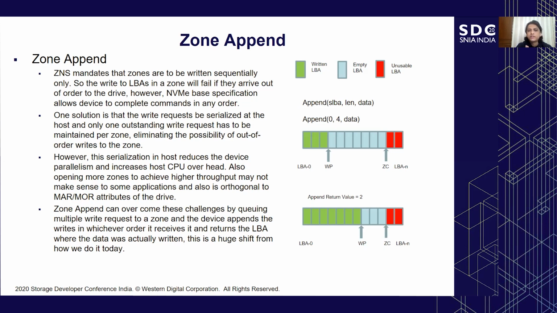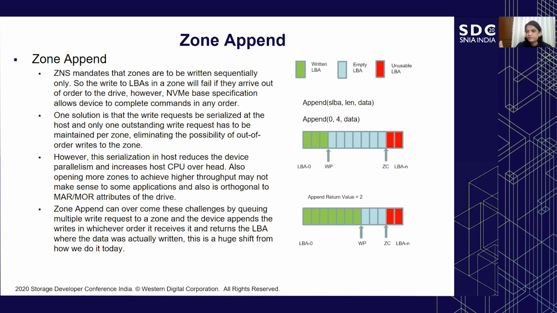So one solution is that write requests be serialized at the host, and only one outstanding write request be maintained per zone, eliminating the possibility of out of order writes to the zone. So from the host itself we send only one write request to a zone. If you send a request to LBA 0, then you wait until that completes, and once that completes, then you send a write request to LBA 1.